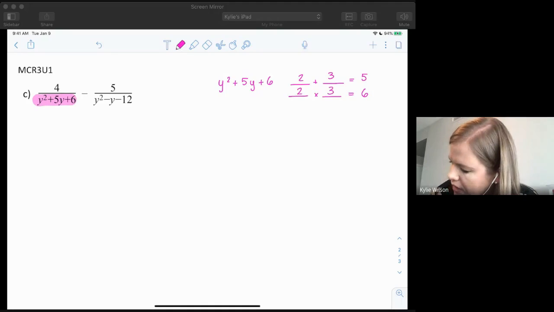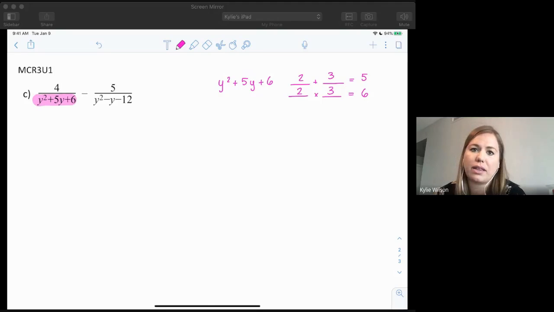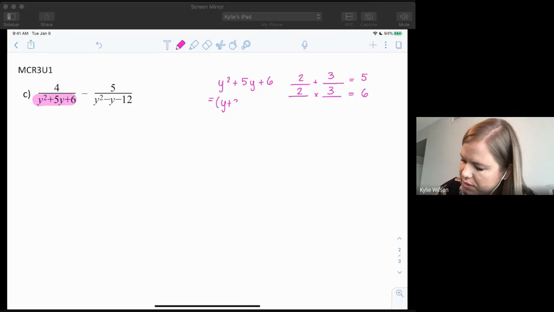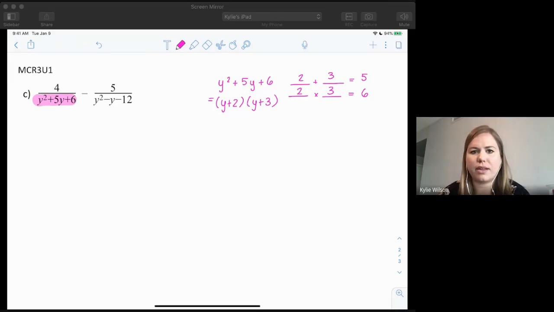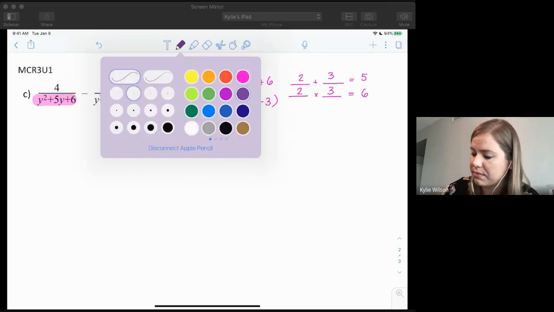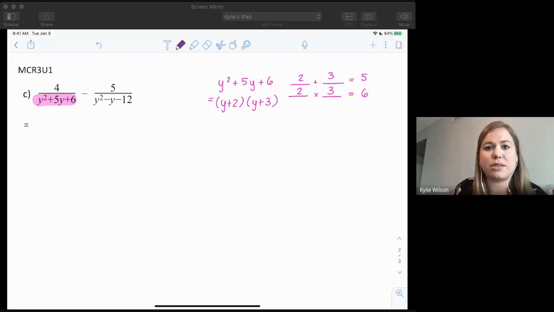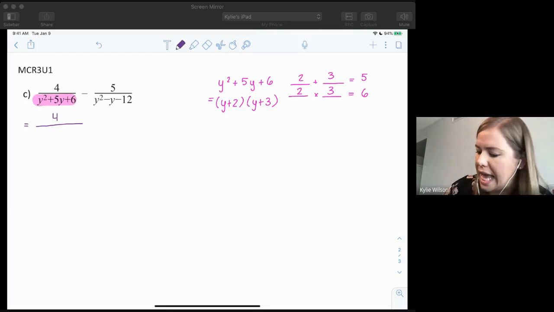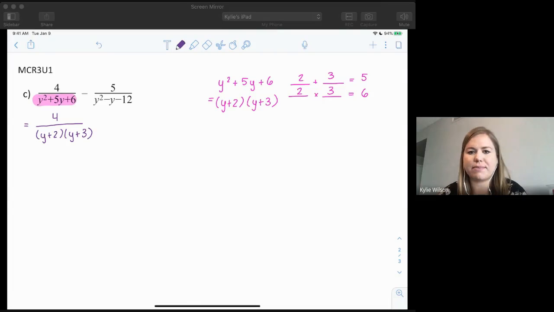And because we have a y squared at the front, we can just write y plus 2, y plus 3. So now that we've done that, let's put that into our equation. So the 4 we can't factor, so it just hangs out as 4 for a little bit longer. And then we'll have y plus 2, y plus 3, like this.